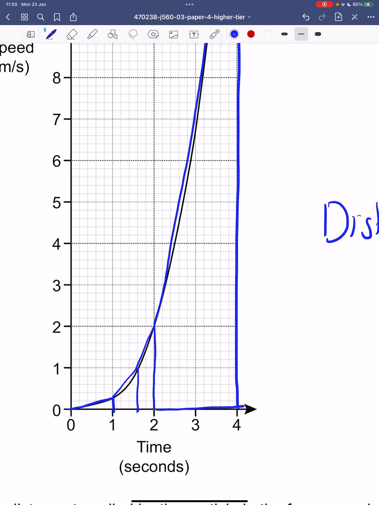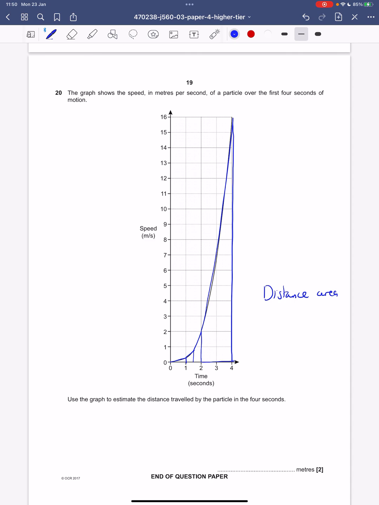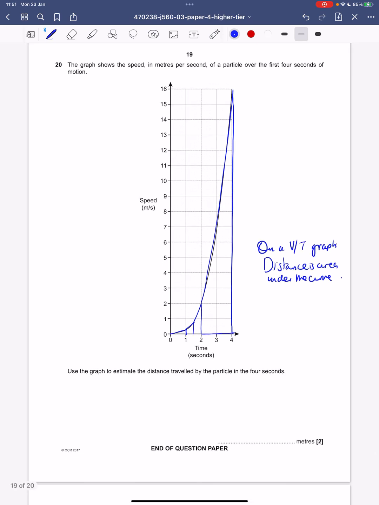I'm happy with that one there. Let's do that one as halfway. There's a triangle. Let's do a trapezium there. Okay. So the distance is the area under the curve, on a velocity time graph.